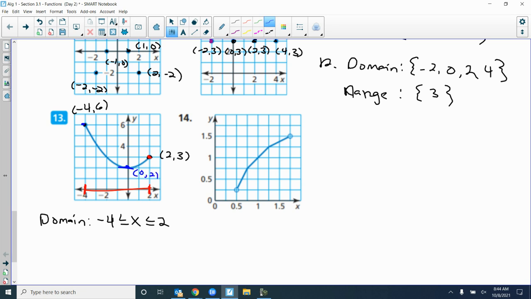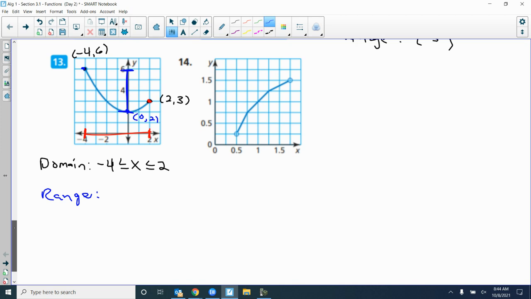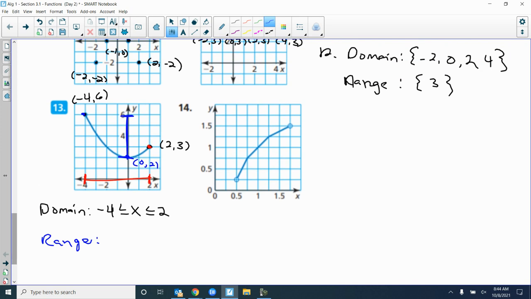And the highest point is this same -4, 6. So I'm going to go on the y-axis. This is where my range is. It covers all those values. There's my range. It's the y values. Addie, do you know how to write it? I was really confused on this one. So what's the smallest y then? 0, 2.